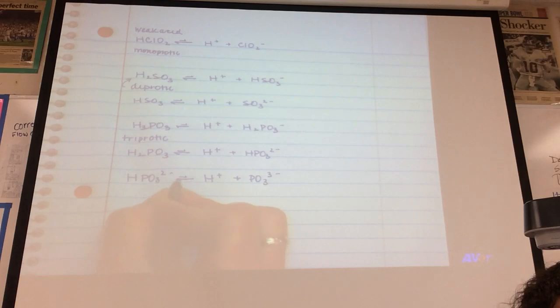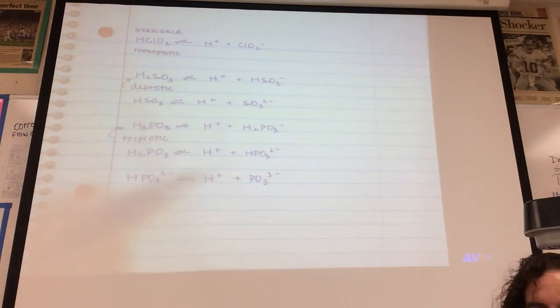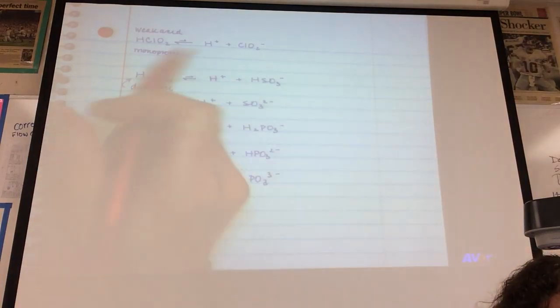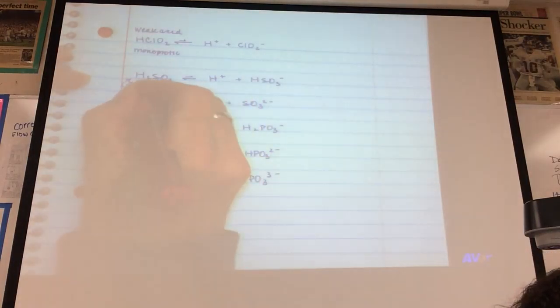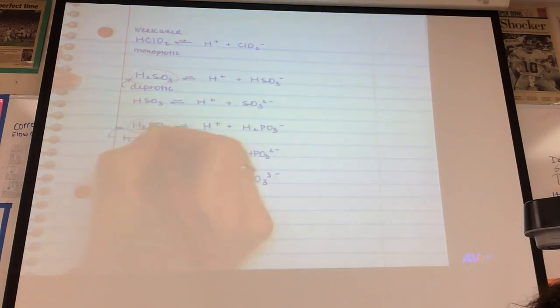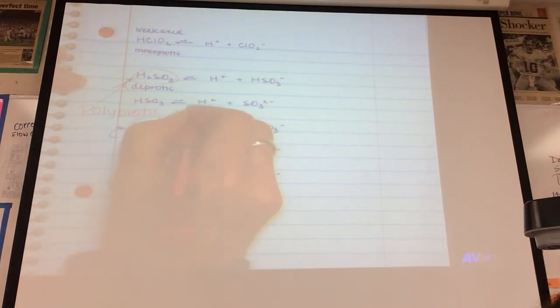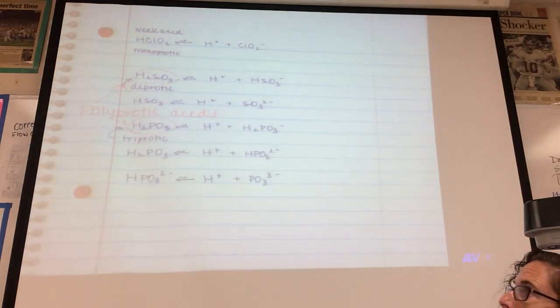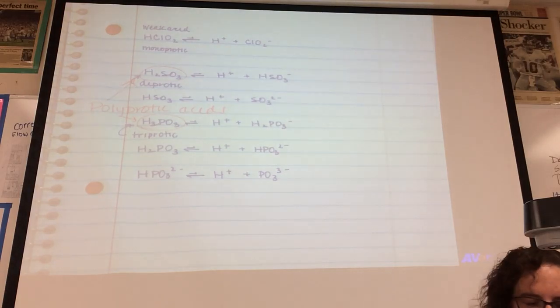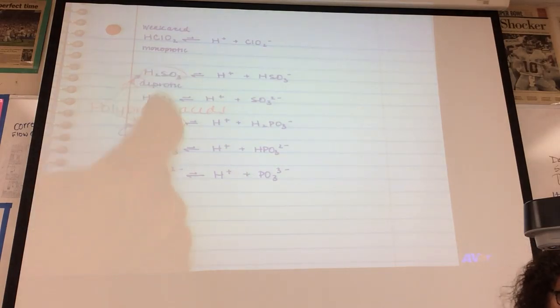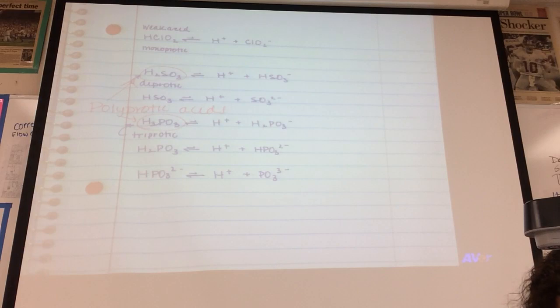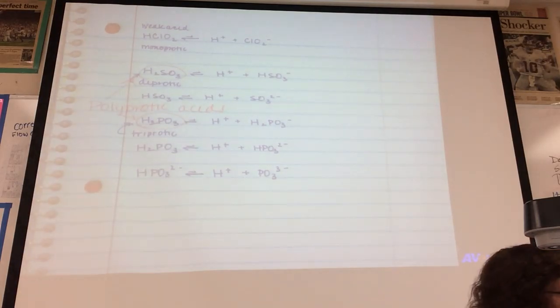Again, equilibrium far to the left. These are weak acids, so this is the triprotic. And the only thing I want you to see is that this substance and this substance are considered polyprotic acids. More than one ionizable proton. Other than that, you don't really know. Di versus tri, you already understood that. And you'll get into more of that in college chem. We're not going to worry about it at this level.